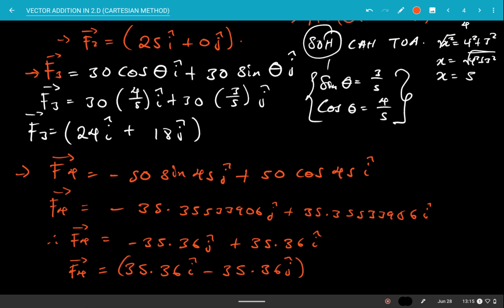Like that. And these are the components of all the vectors that we have.